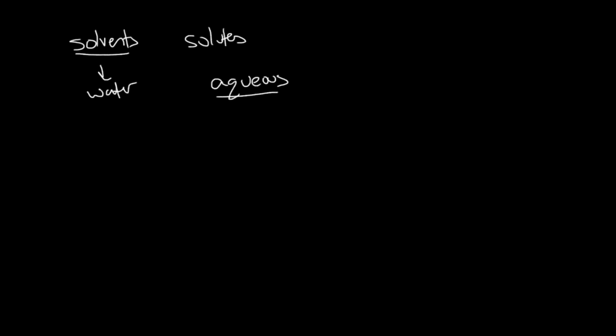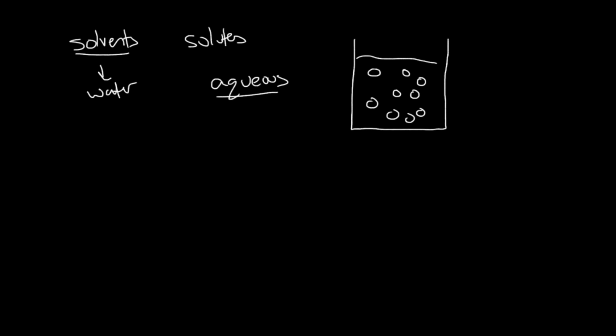solvent. Okay, so practically what this means is that if you have a container, this container has a bunch of water molecules, and it also has other solute molecules distributed throughout the water.